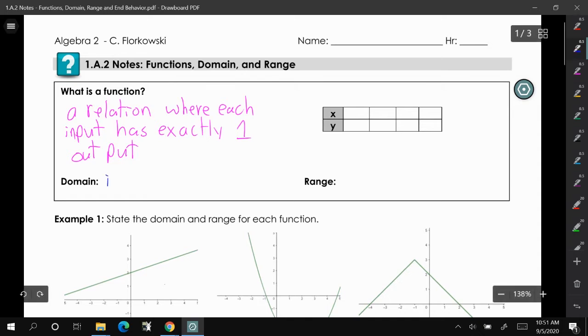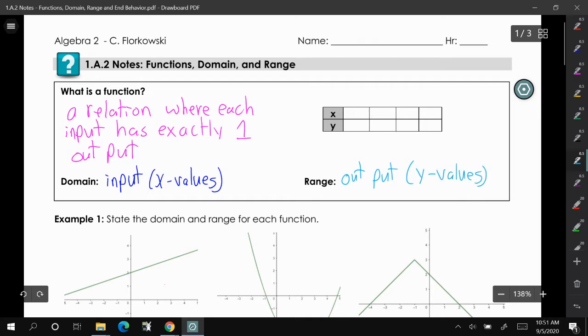Domain was our input, which was our x values, and our range, that was our output, so the y values.